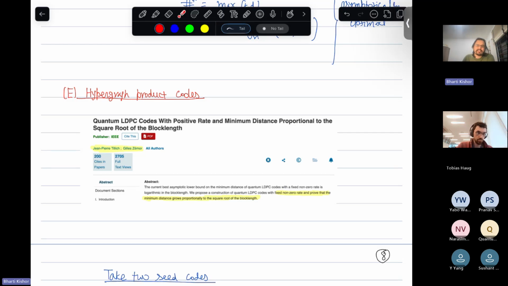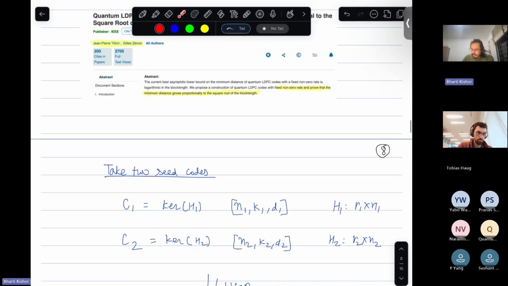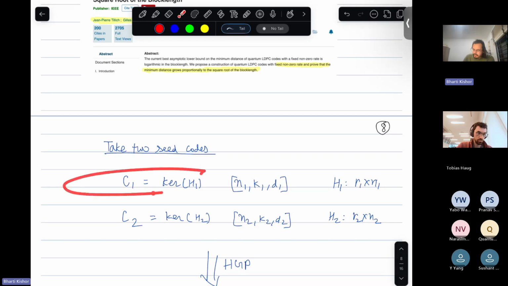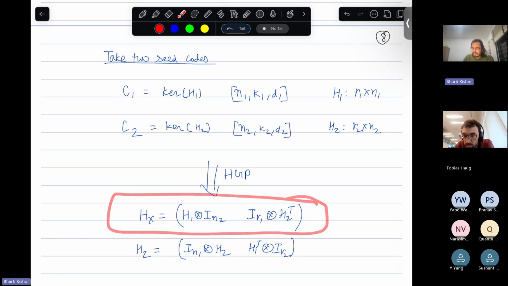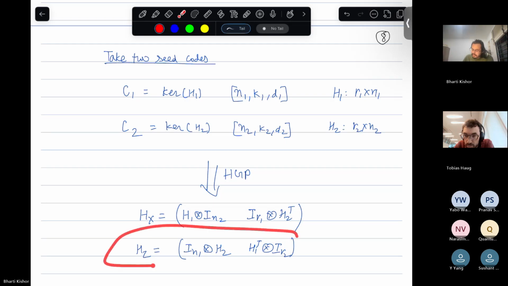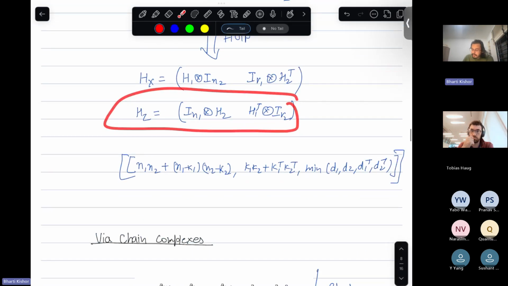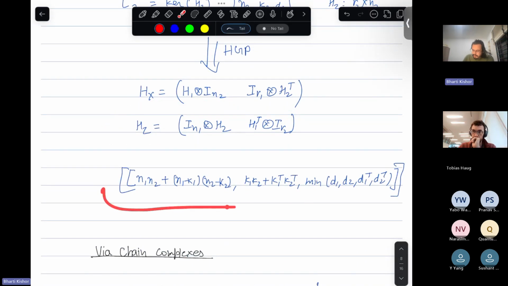And this was interesting, because they showed that you can start with two classical codes with parameters n1, k1, d1 and n2, k2, d2, and you can use their construction to construct a CSS code whose parity check matrix X matrix is given by this, Z matrix is given by this, and the parameters are given as this.